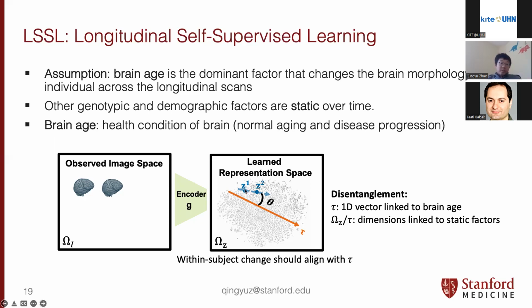In other words, the difference between Z1 and Z2, two visits of the same subject, should fully align with this global direction tau. Basically, we can apply this regularization for all pairs of within subject MRIs, so that we can jointly estimate all the latent representations of MRIs and also jointly estimate this global latent direction tau. And in the end, you have a more regularized, more structured latent space where one direction is explicitly disentangled with the factor of brain age.